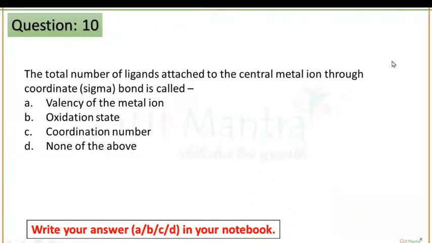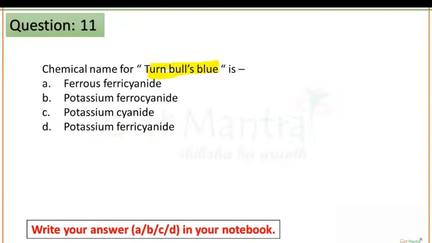Correct answer is option number C, that is coordination number. The total number of ligands attached to the central metal ion through coordinate sigma bond is called coordination number. Next question.